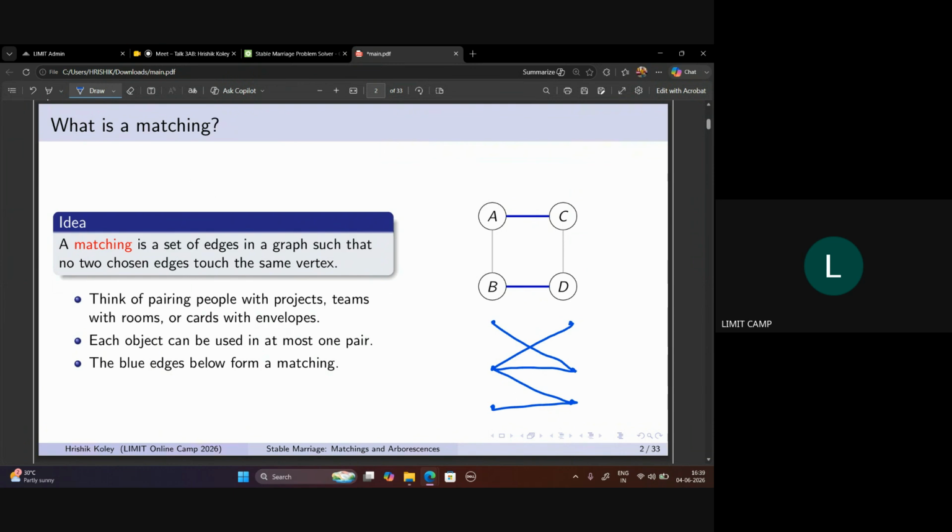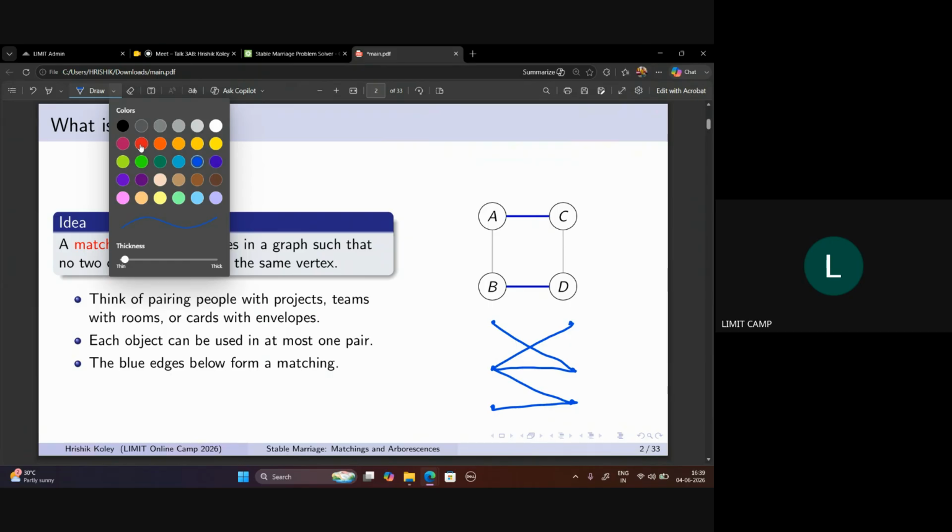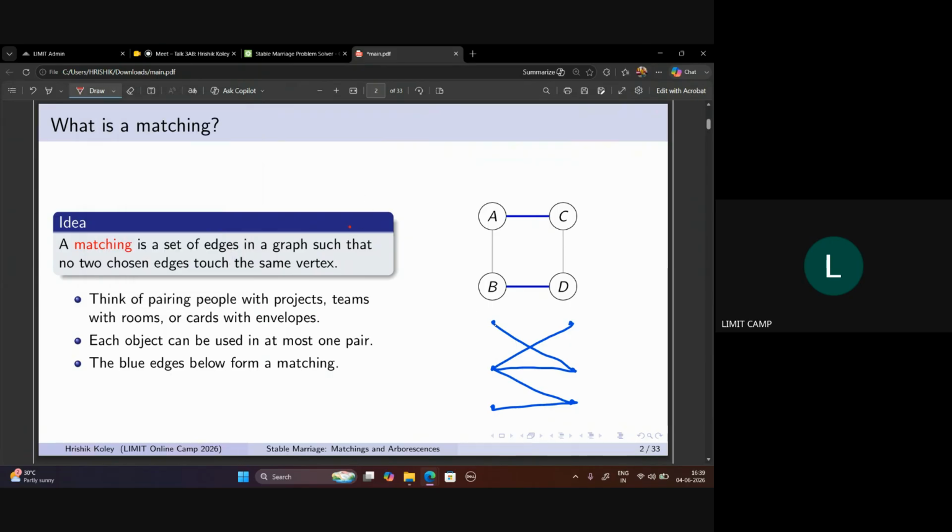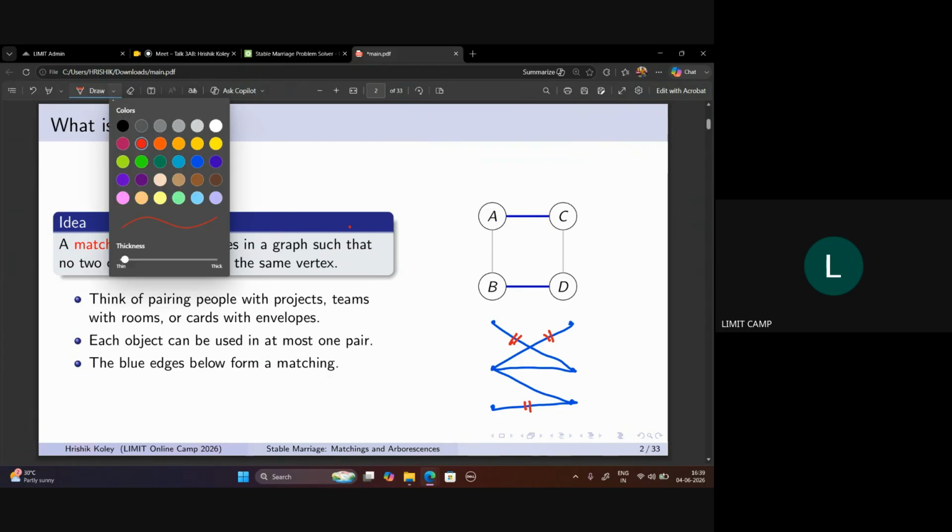So in this case, change the color. This could very well be a matching. Let's say these three edges. Maybe I should add an edge here.